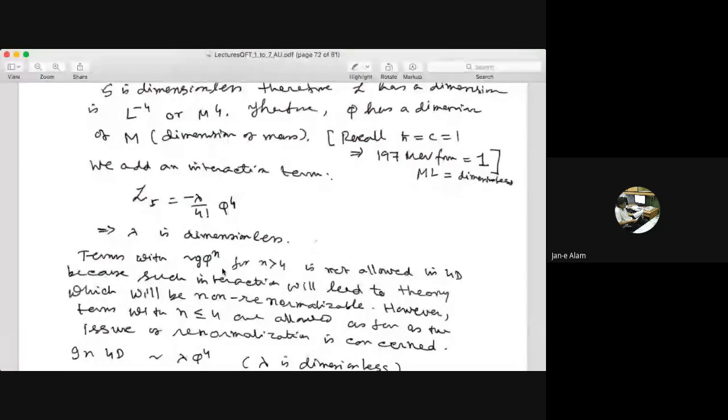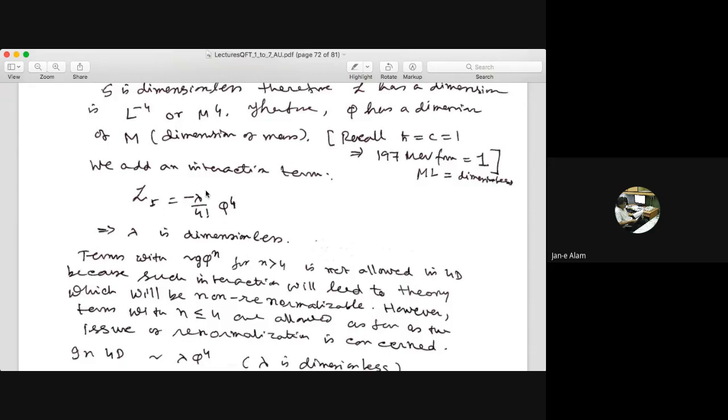Now suppose I take a term which is phi to the 5. Then I will have mass dimension 5. If I have mass dimension 5, then lambda should have a dimension mass to the -1, m inverse, so that my L again is m to the 4.